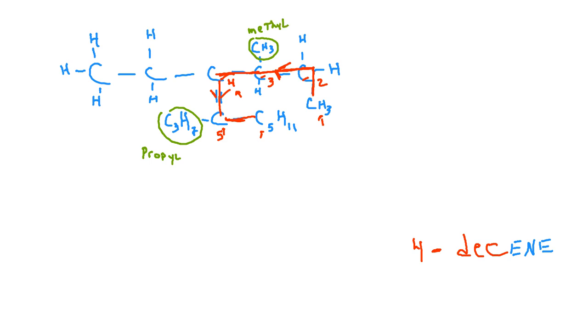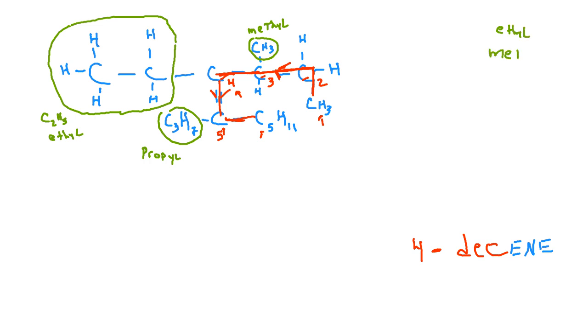This is connected to carbon number 4. And this is a C2H5. That's our old friend ethyl. So alphabetically, we have ethyl, methyl, and then we have to put our propyl.